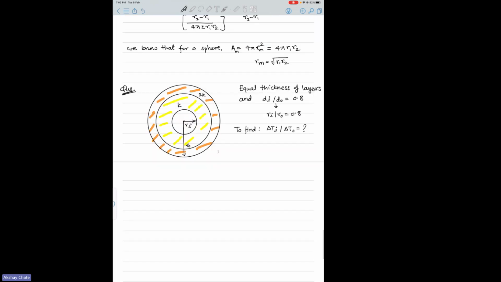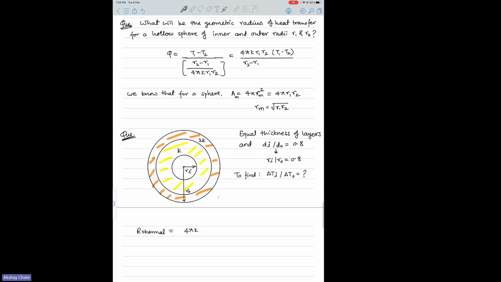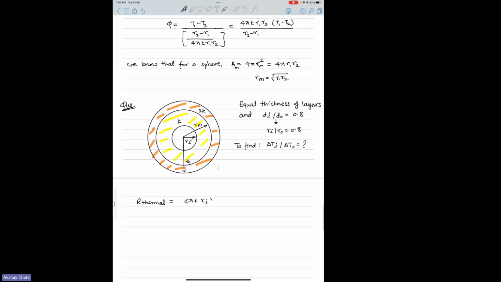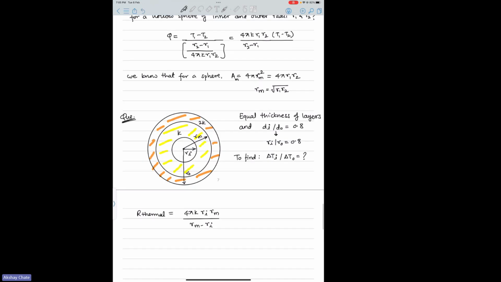Let's say the total thermal resistance is 4 pi K into... let's say this is some intermediate radius Rm. So the first term will be Ri into Rm divided by Rm minus Ri.